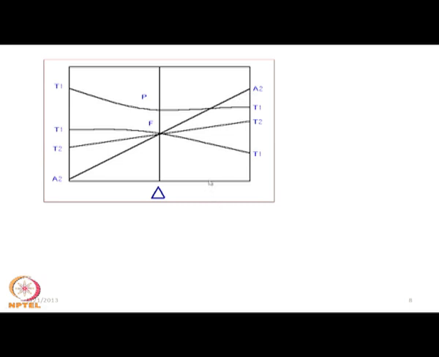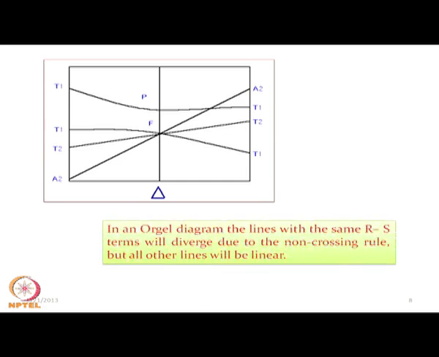So, what is happening at this particular delta value, that means this particular crystal field value, is therefore crucial and above which we have a crossover, because before this crystal field the A2 is the ground state and T1P is the excited state, but after this, when the delta value is high, T1P is the ground state and A2 is the excited state.